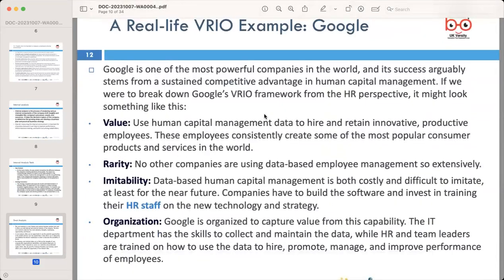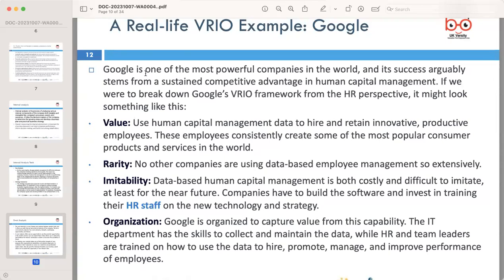So as I already discussed Google, here are real-life examples as well. Here we will discuss Google's human capital management.